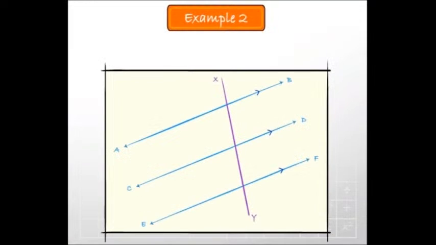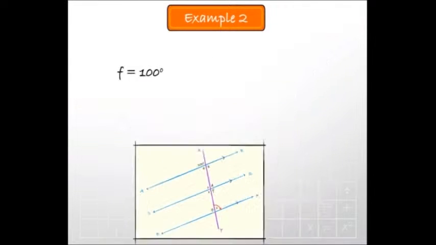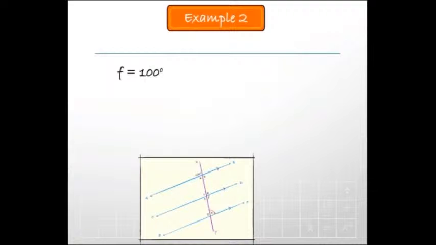We are now going to look at the second example. From the diagram, we have been asked to determine the value of x. So, firstly, you will notice that the angle that is labeled F has a magnitude of 100 degrees. Now, what is the reason for this?